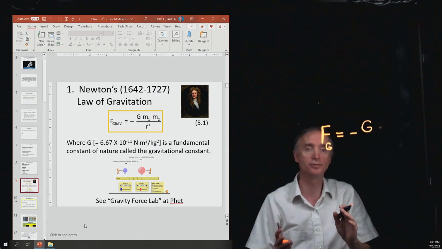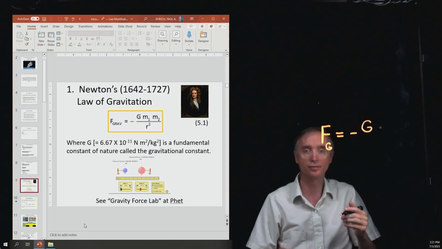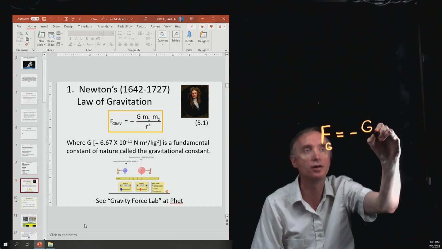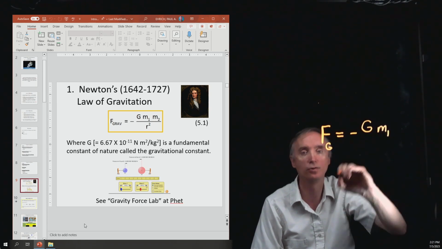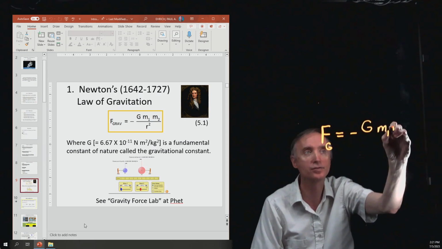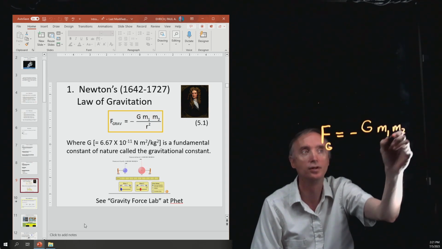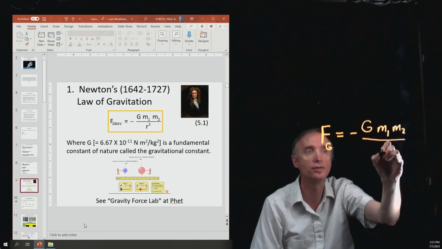So it's not important, but it's a fundamental constant of the universe. It depends on the mass of particle 1, and then the mass of particle 2, and then divided by the distance between them squared.